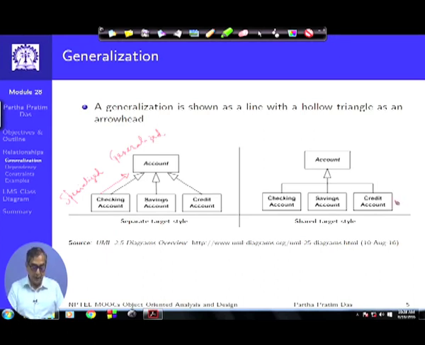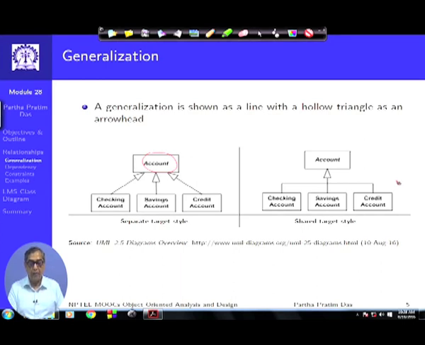So, we read it as checking account is an account, savings account is an account, credit account is an account. Semantically it means that account has some properties and some behavior, some operations.